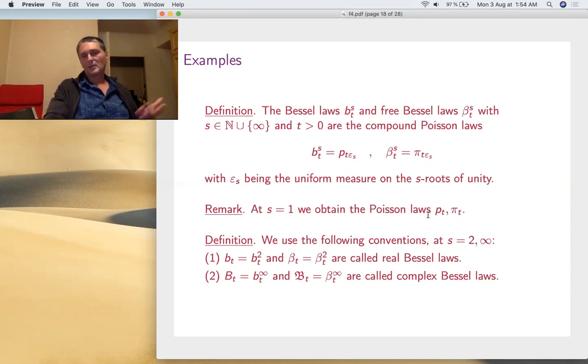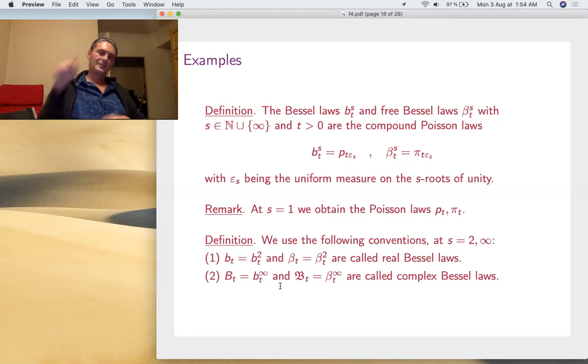So what are the examples? Of course, s equals 1, that is delta 1, the measure on the first roots of unity, so it's the Poisson laws. Now, the most interesting cases are s equals 2 and s equals infinity. Why? Because s equals 2 is the only real case which can appear besides s equals 1. It's the Bernoulli law at 1 and minus 1, the measure on the second roots of unity. These are called the real Bessel laws, denoted by b_t and beta_t.